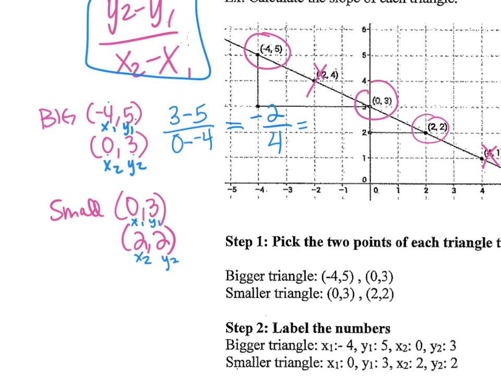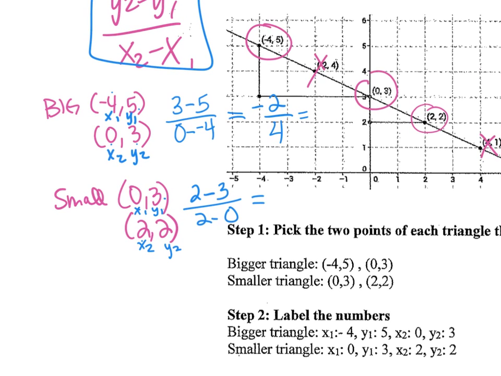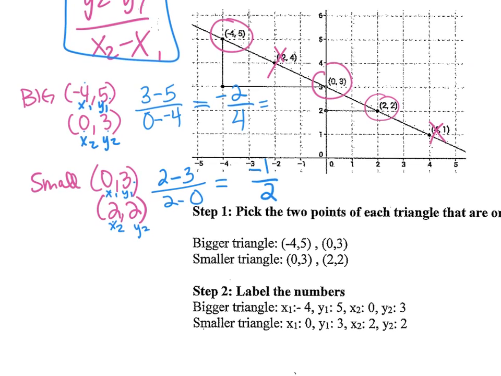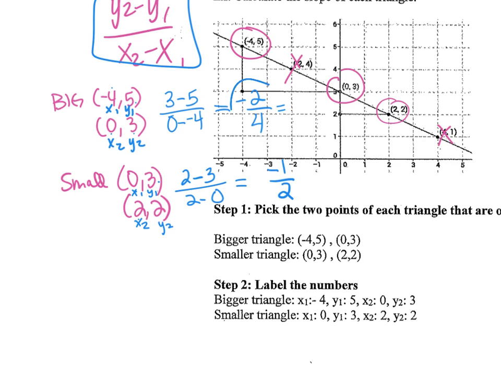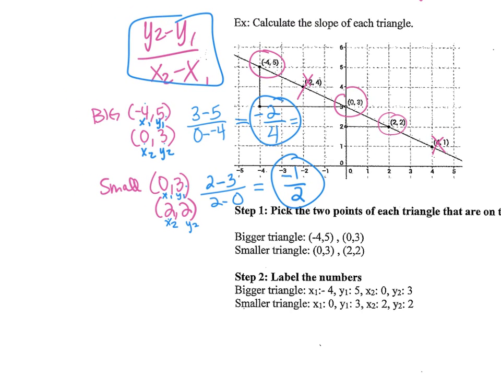So I'm going to plug those numbers in just to make sure I've got the same slope. Okay, so y2 is 2, minus y1, which is 3, over x2 minus x1. So x2 is 2, minus x1, which is 0. Okay, so 2 minus 3 is -1. 2 minus 0 is 2. So here are my two slopes for the big triangle and the small triangle. Are they the same? Yes.